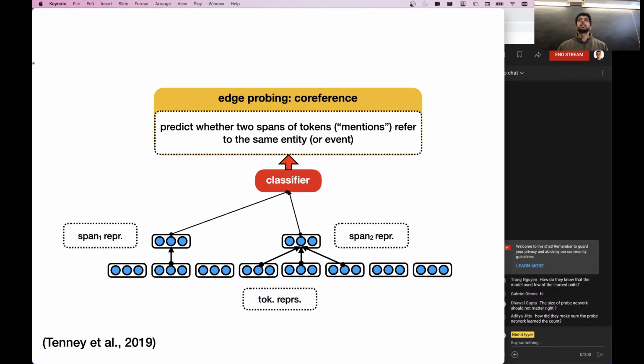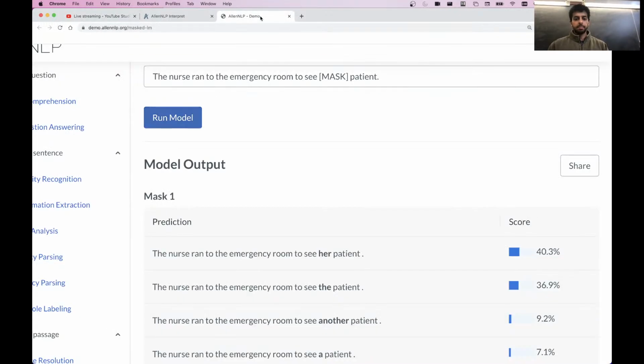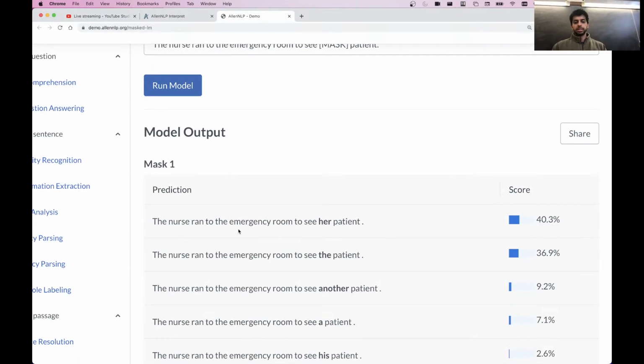So I could say, for example, in our demo example here, the nurse ran to the emergency room to see her patient. Here, this nurse and her would be marked as co-referent. They're referring to the same entity.